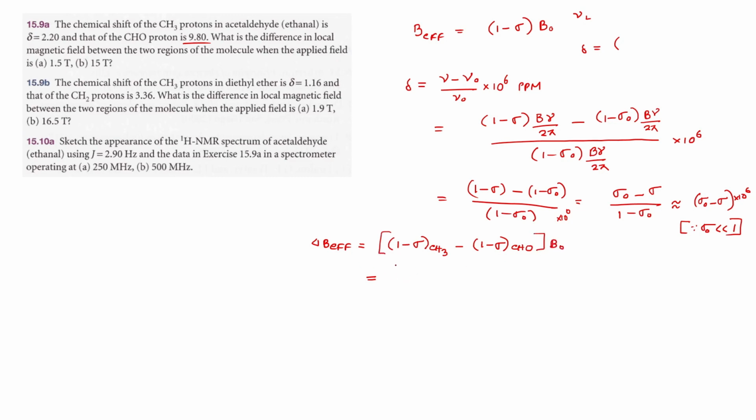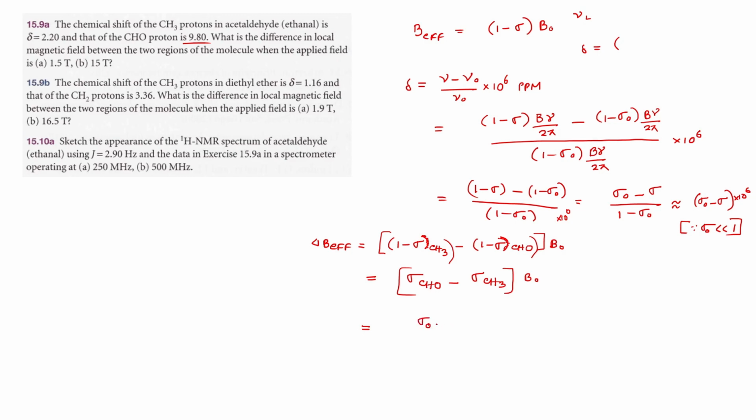Okay, so I can write it in terms of, actually I can take the bracket after this, right? So 1 minus 1, so effectively sigma CHO minus sigma CH3 into B. And I can also write it in this fashion, right?